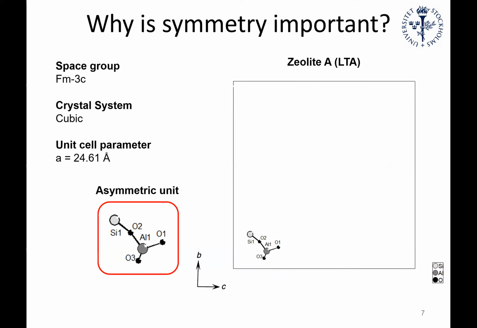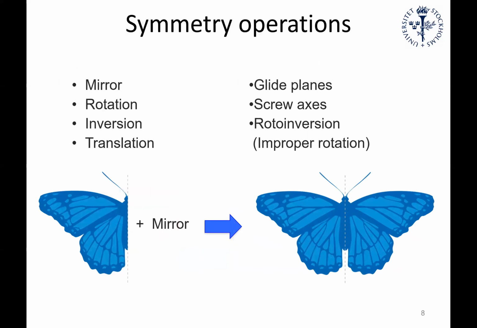So by identifying what symmetry we have in the crystal structure, it significantly reduces the number of unique atoms in the structure. Okay, so we're going to go through all examples of symmetry operations that we have in 3-dimensional crystal structures. We've already talked about mirror planes and rotation axes. Inversion centers was brought up with the crop circle example, and we've already talked about translational symmetry in lecture 2.